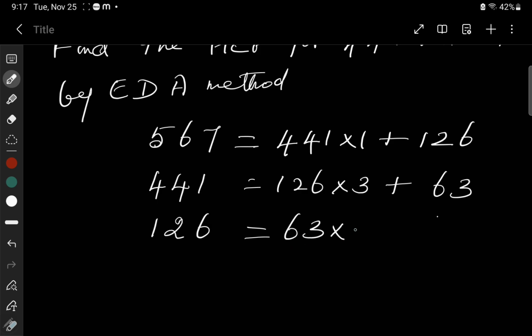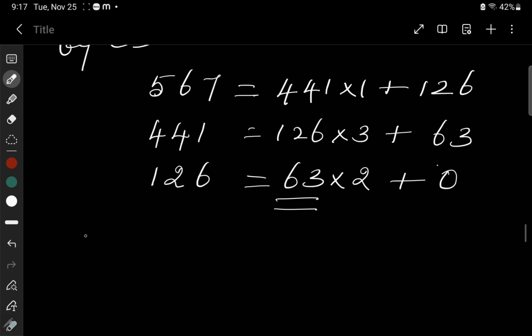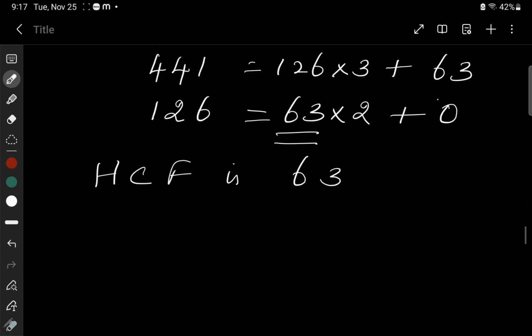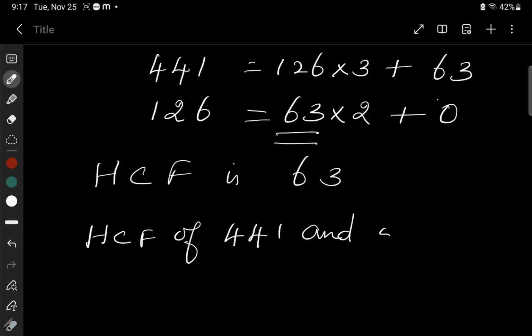How many times does it go? 2 times. 2 3s are 6. It gives you the remainder 0. The last divisor is 63. Therefore, the HCF of 441 and 567 is 63. This is the answer.